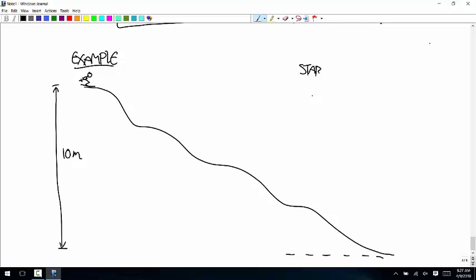She starts at rest. How fast is she going at the bottom?